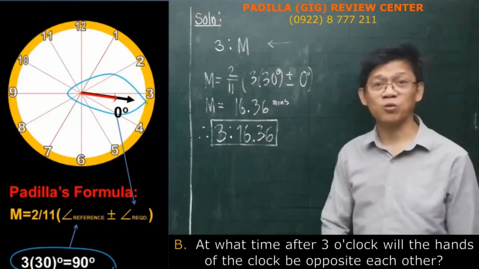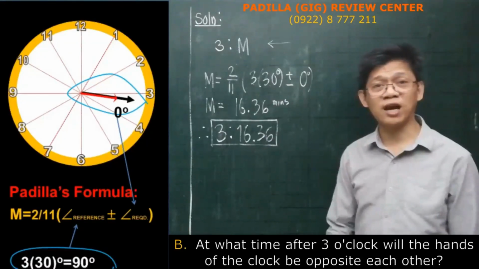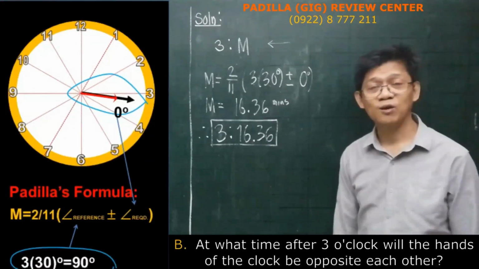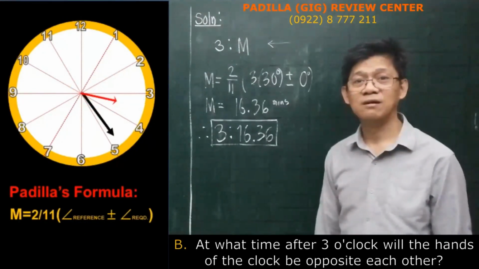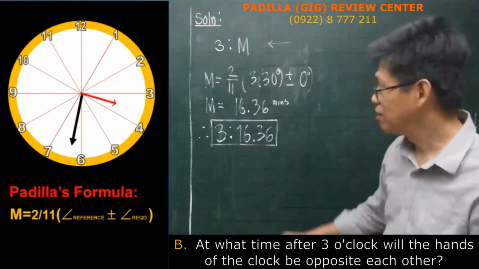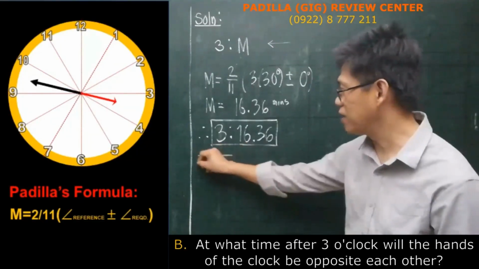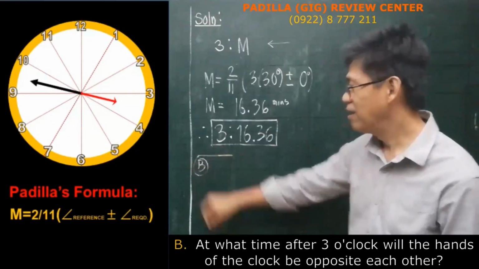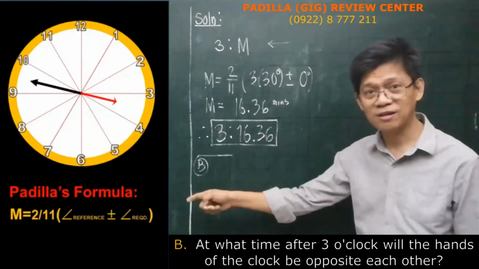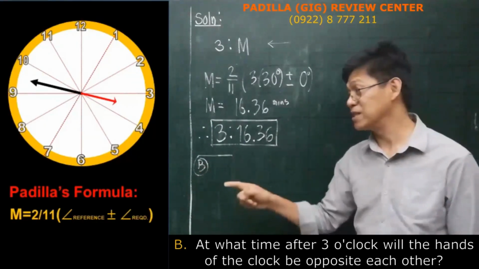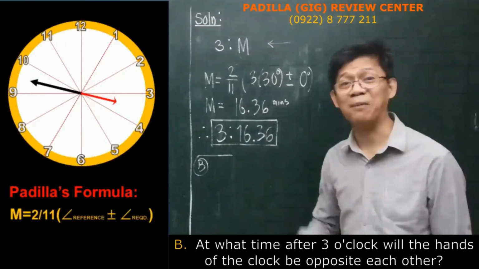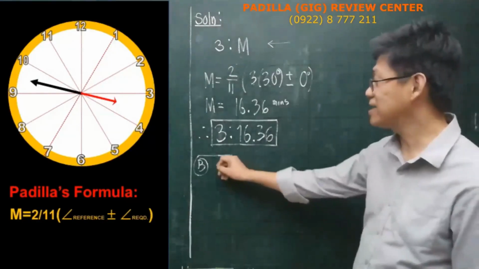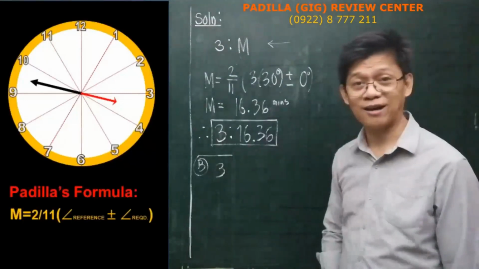What about the next question? At what time after 3 o'clock will they be opposite each other? Now, question, when they're opposite each other, that position, what time is that approximately? It's past what time? It's past still 3 o'clock.